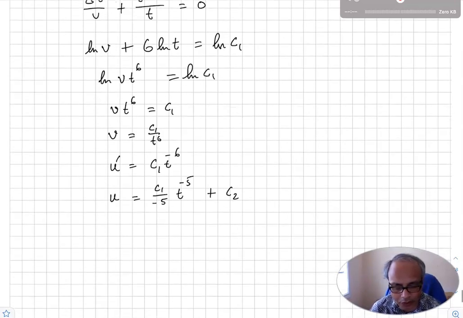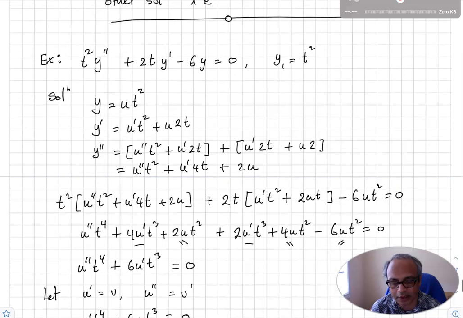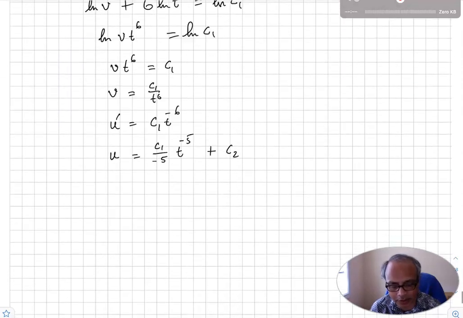Okay, so you have u, and now you return back to your original substitution where you had y equals u times y1, and y1 was given t square, so y equals u times t square.